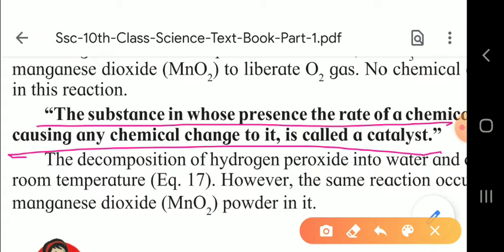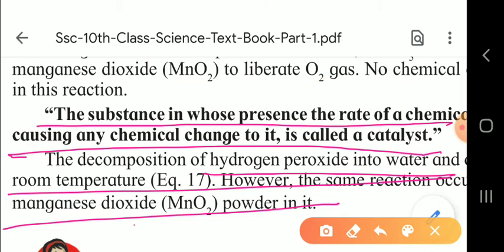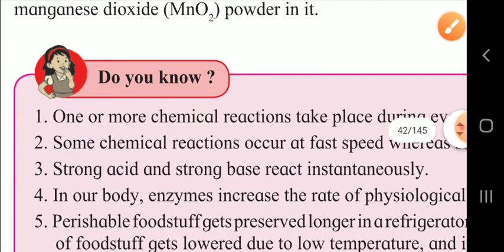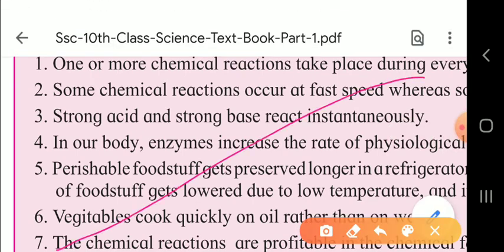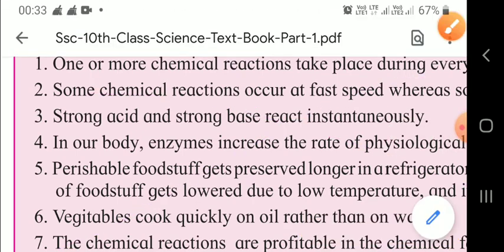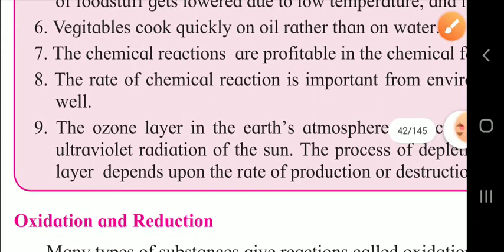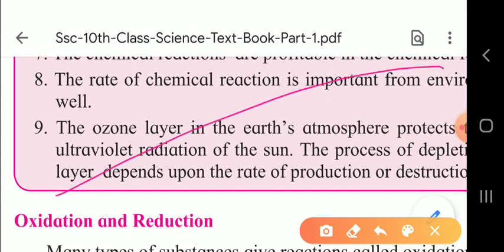So this is the second example of catalyst presence. So this way we can see, children, how the catalyst is useful to this chemical reaction.